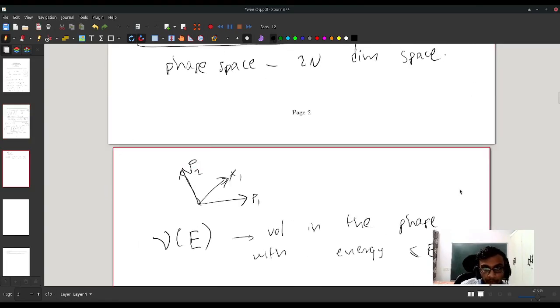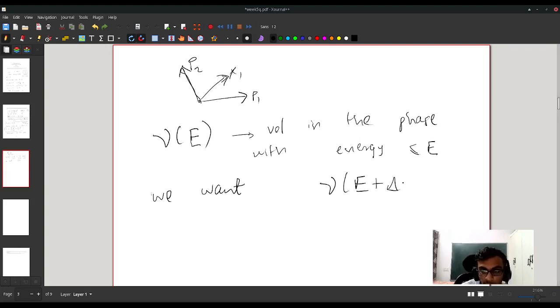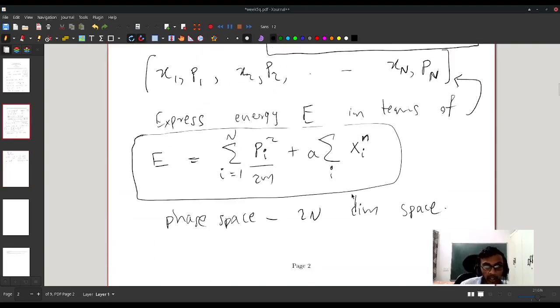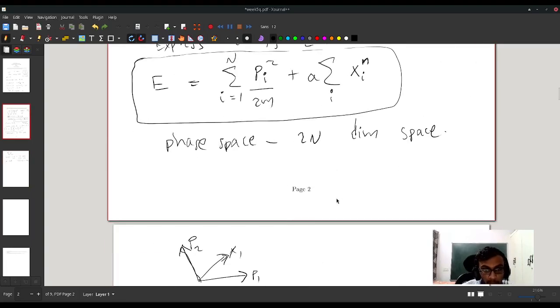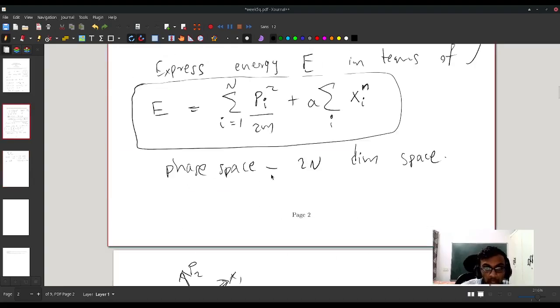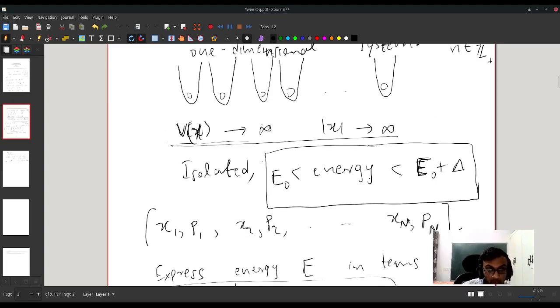So our required phase space volume is the volume enclosed between two such surfaces: cal V of E plus delta minus cal V of E. It looks like it would be very difficult to find some exact expression for cal V of E, but that is not actually required, as we will see.